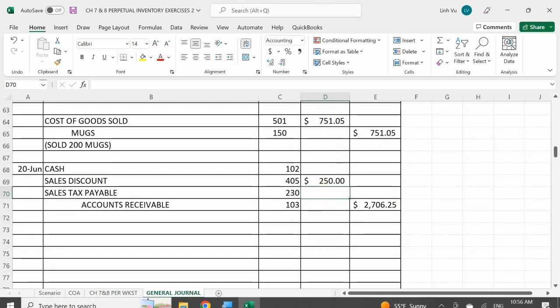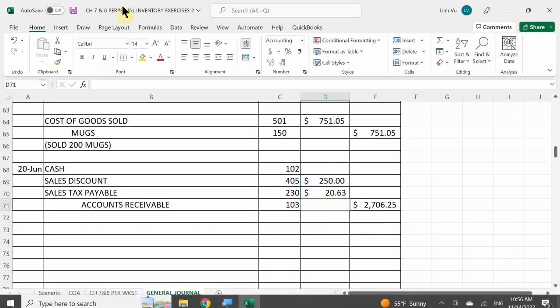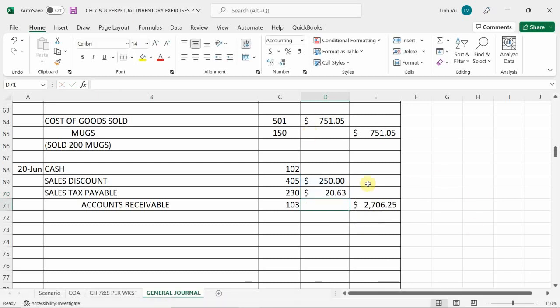Now, out of that $250, how much sales tax money are we going to actually give back? We're going to give back $20.63. So how much cash are we going to receive from customer A?